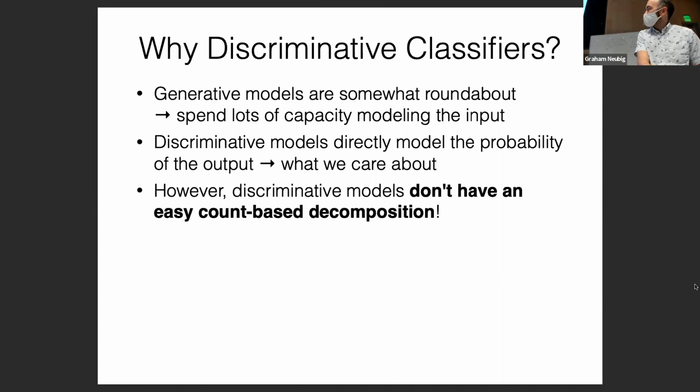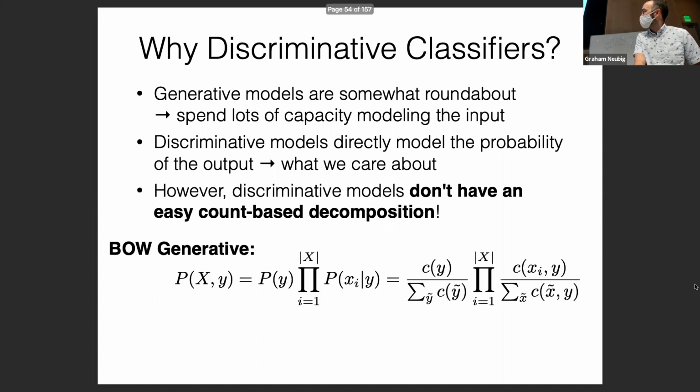On the other hand, discriminative models don't have an easy count-based decomposition, or another way to put it is they can't easily be trained basically from text itself. And so the bag of words generative model looked a little bit like this, and you can see that all of these probabilities can be at least approximated by just calculating counts, right?